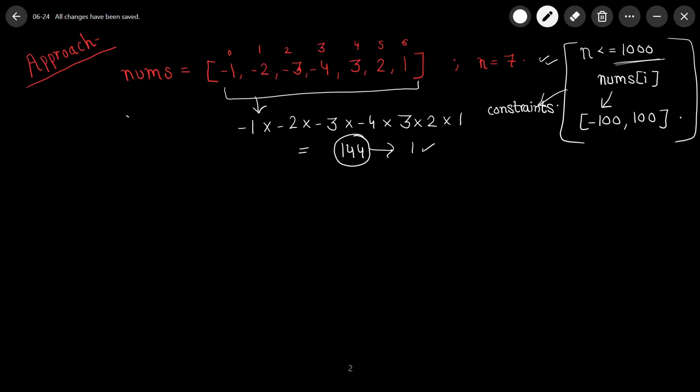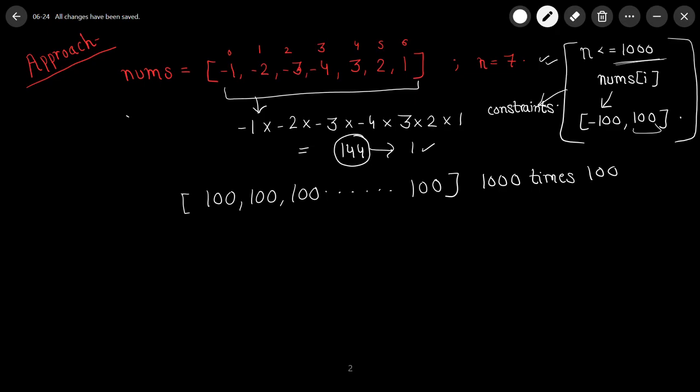But suppose, what's our worst case? The length can go up to 1000. So suppose we have 1000 elements, and let's say every element is 100. So it's 100, 100, comma 100, 1000 times. In such scenarios, we can't multiply every element, right?